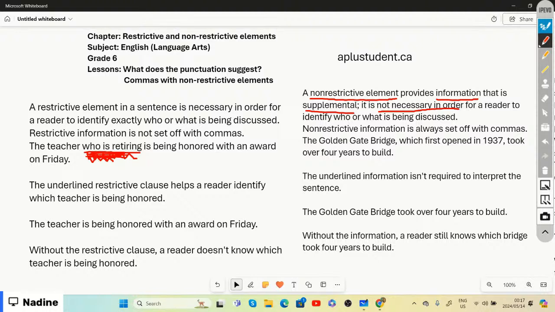Non-restrictive information is always set off with commas, meaning non-restrictive elements always have a comma within that specific sentence.